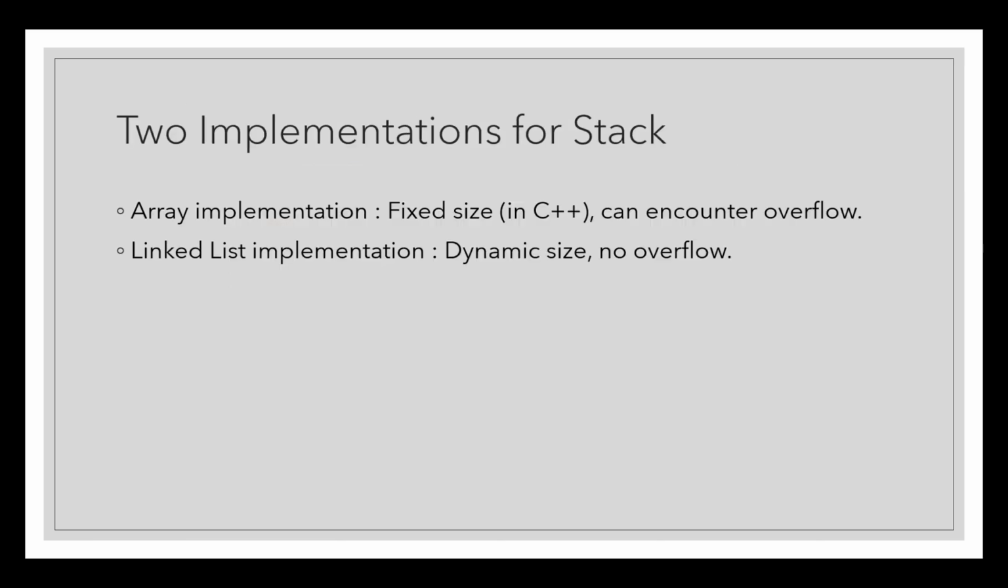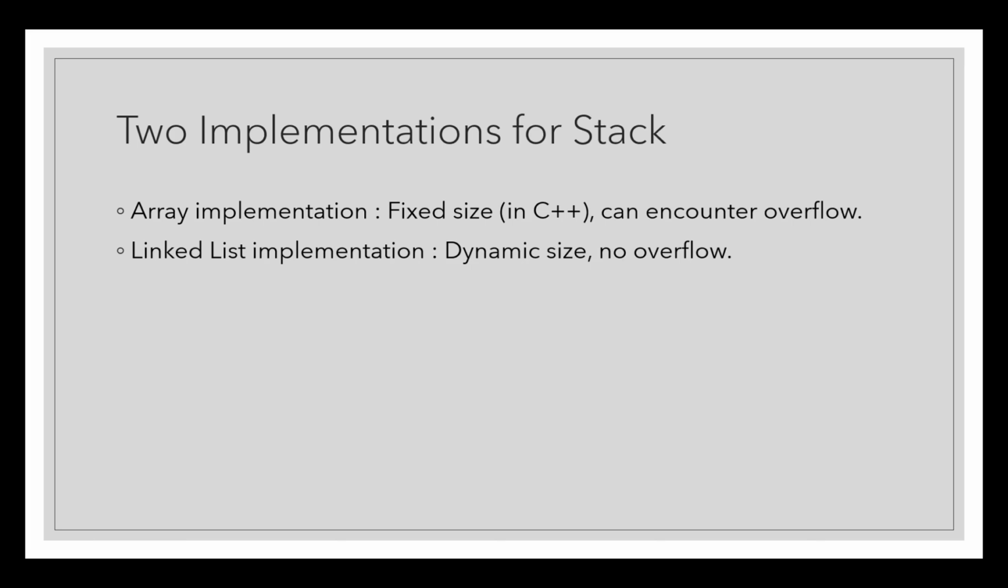Now there are two implementations of stack: array implementation and linked list implementation. The array implementation is for C++ developers, where you can have a fixed size, but in Kotlin you usually have a mutable, dynamic size.